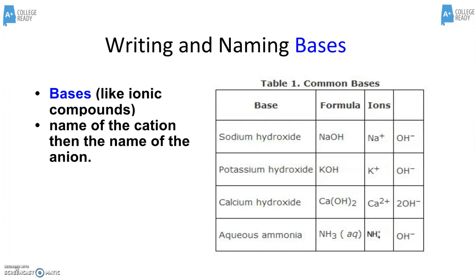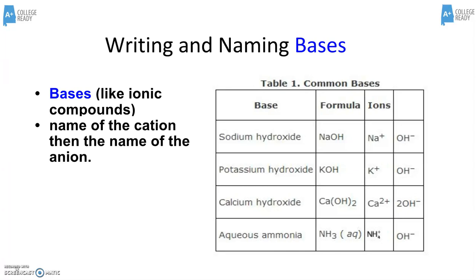If you notice in the chart that I've provided for you, Table 1, we have a list of common bases. Notice we have sodium hydroxide. So again, just like we did in ionic compound naming, we take the name of the cation and combine it with the name of the anion. In this case, it's hydroxide.